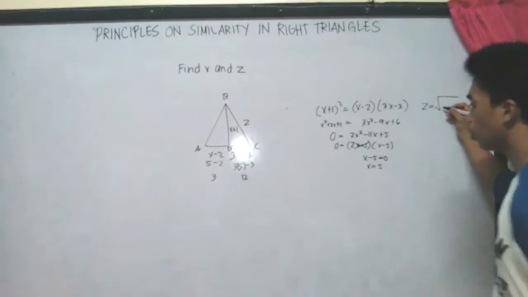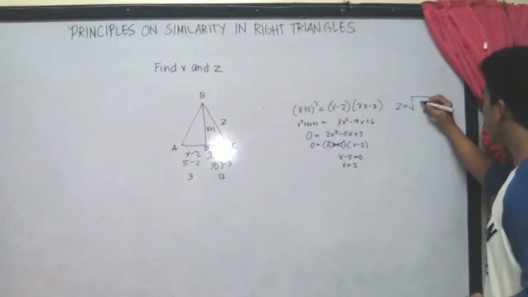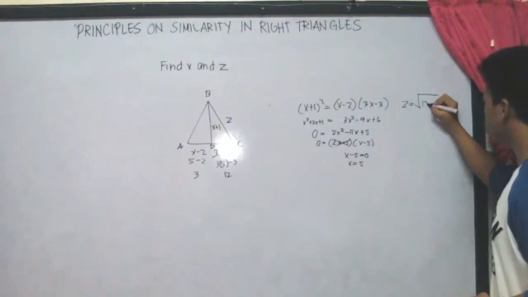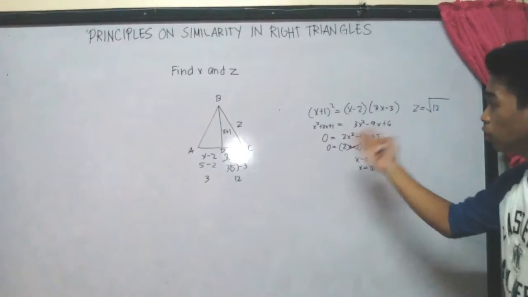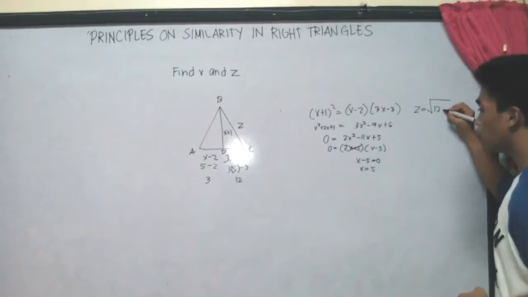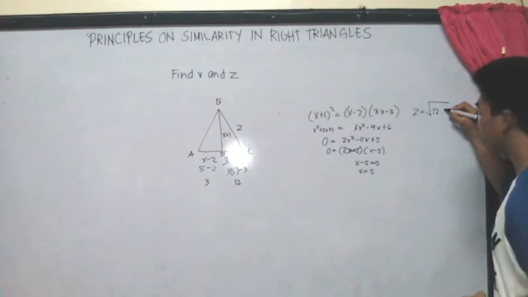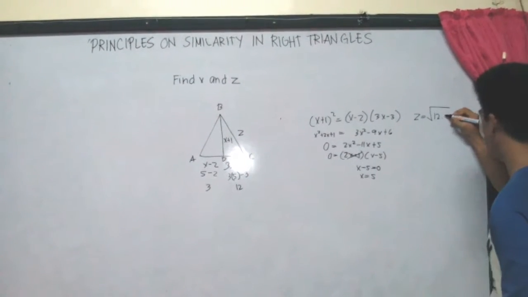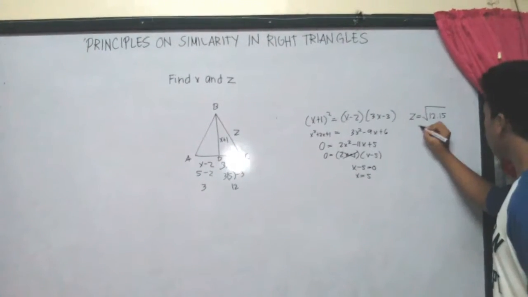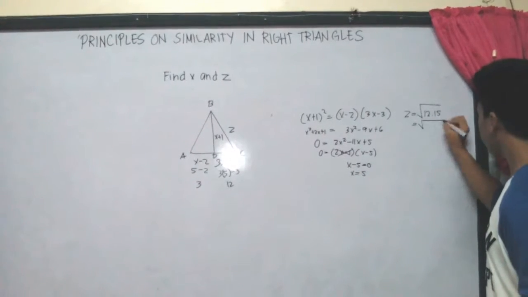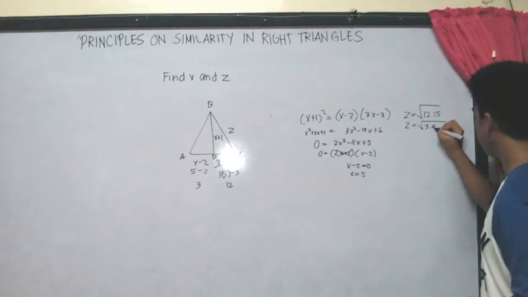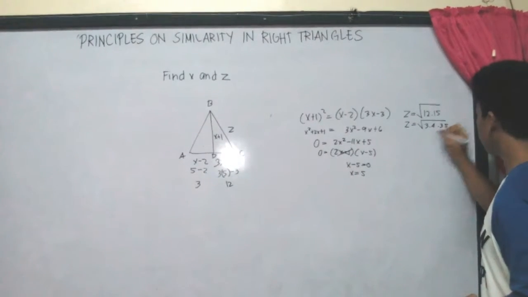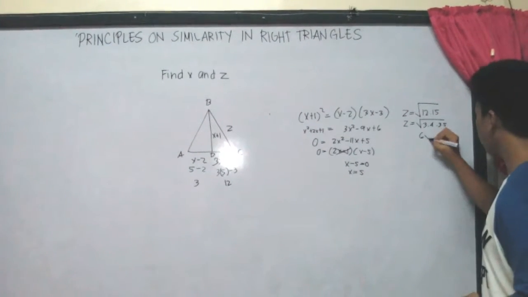So z is equal to the square root of 12 times the whole hypotenuse, which is 15, due to the sum of 3 plus 12. So the value of z will be 6 square root of 5.